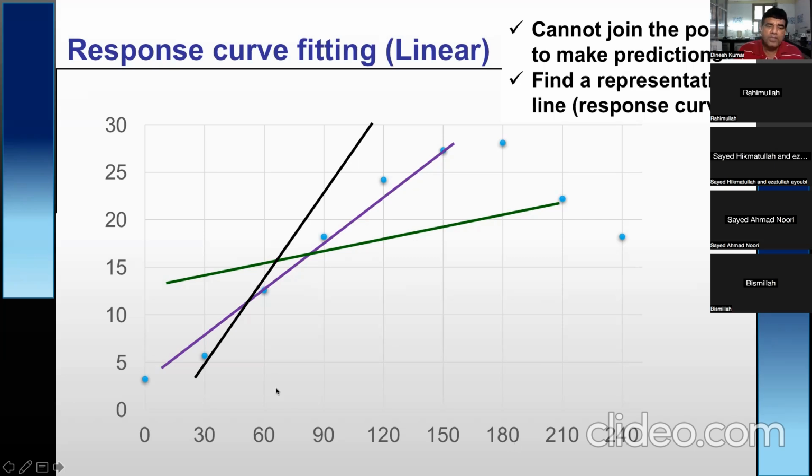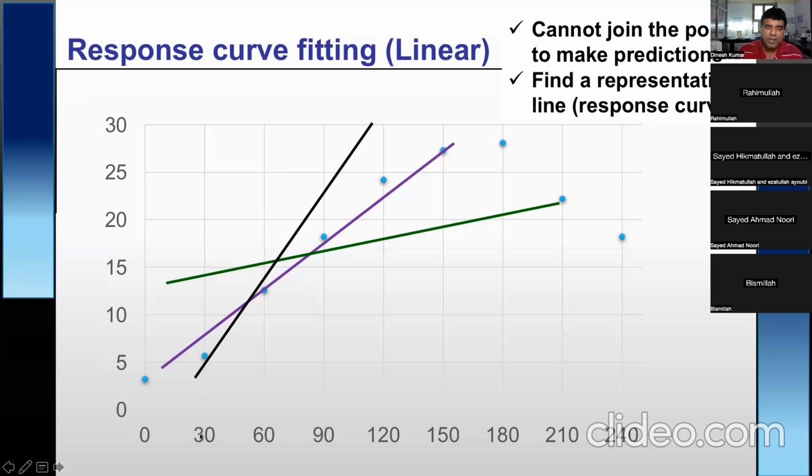And then you can see here that the data has been plotted. This data you have got by conducting an experiment, where you have used different doses of the fertilizer starting from 0, 30, 60, 90, 120 and up to 210. At each dose, you get the respective yield.